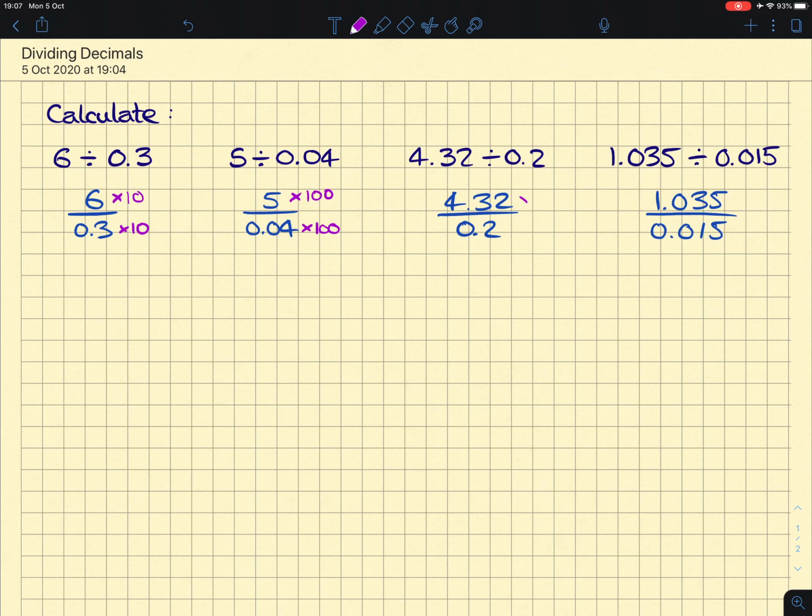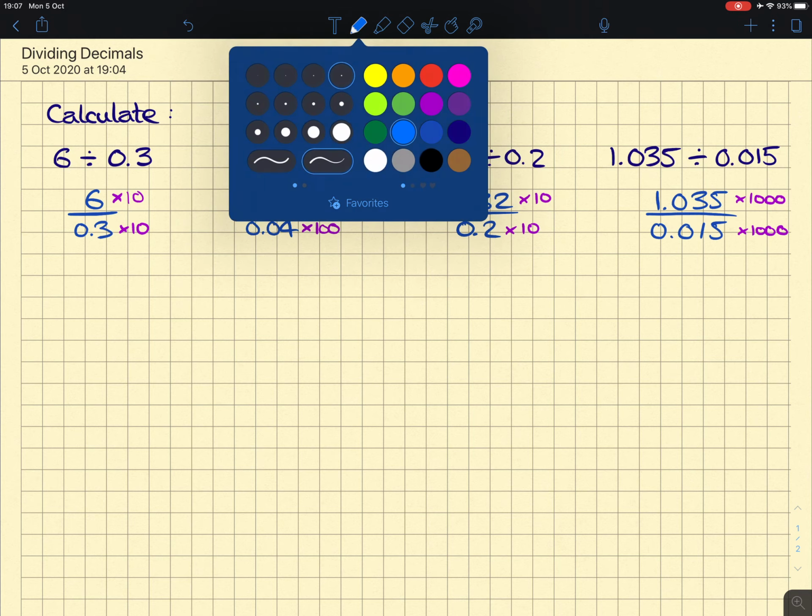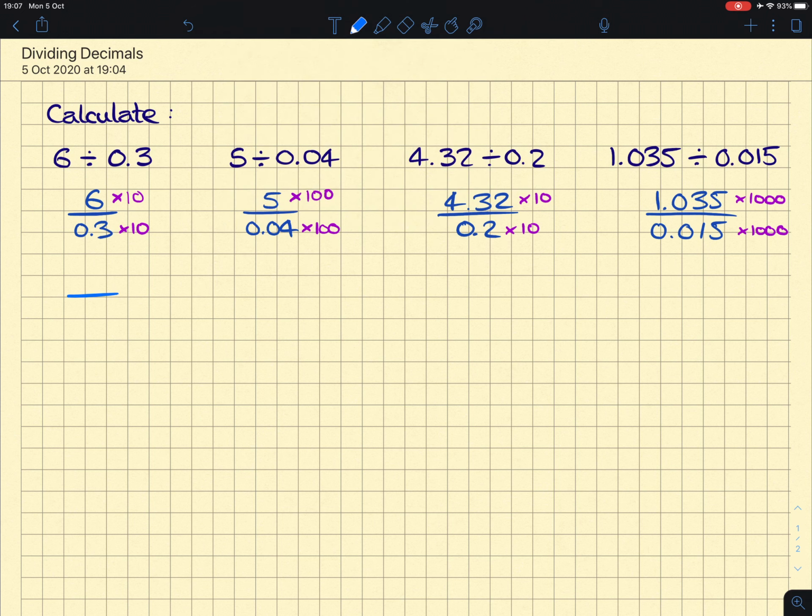Now it's important to note here that it's only the denominator that we care about right now. So notice in this third one, I'm just going to multiply by 10, and the last one here, I have 1,000. Basically, multiplying by 10, 100, 10, and 1,000 for these four questions is going to make it so that our denominators are whole. 0.3 will become a 3. The 0.04 will become a 4.